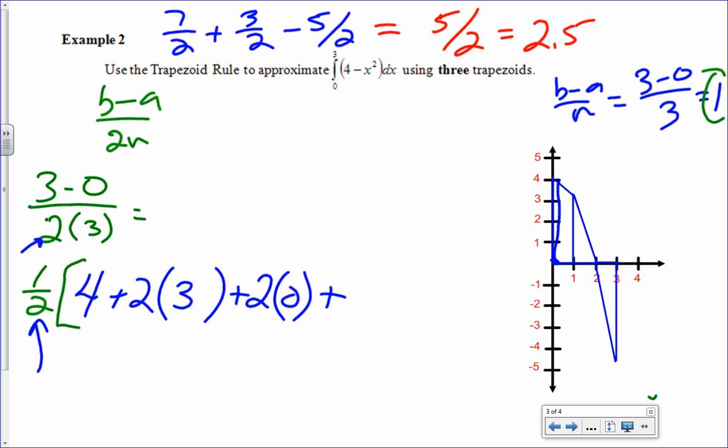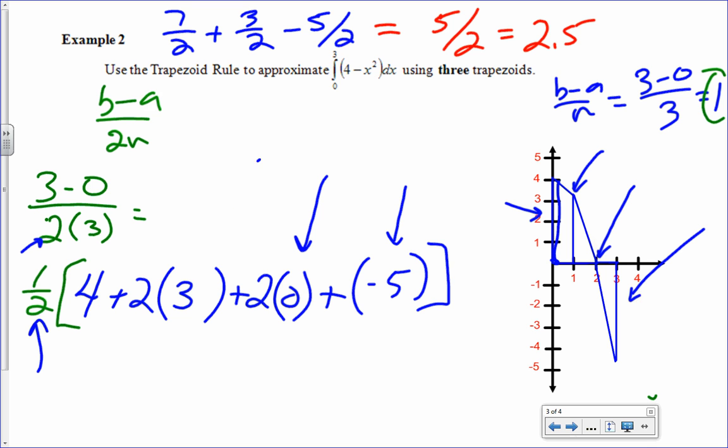So we're down to, so we've done this one, we've done that one, we've done basically that one. How many times am I going to use this last one? Once. So plus, really unfortunately a -5, right? Wait a minute, how come there's 1, 2, 3, 4 numbers here when I only wanted 3 trapezoids?